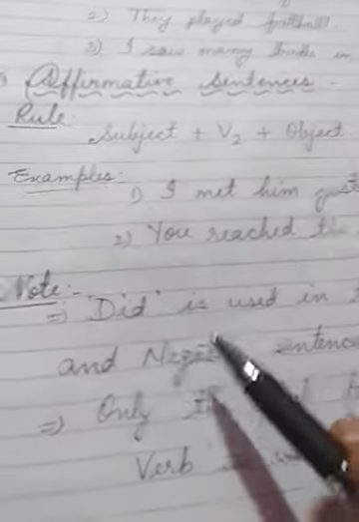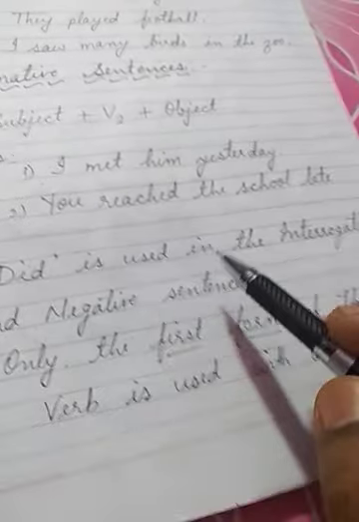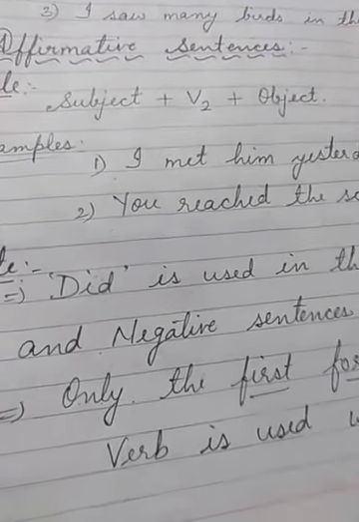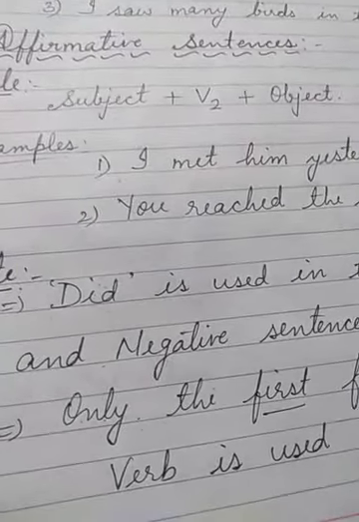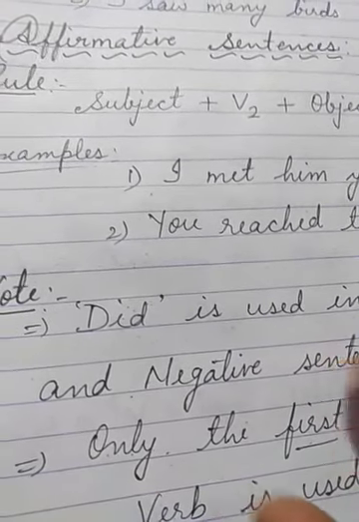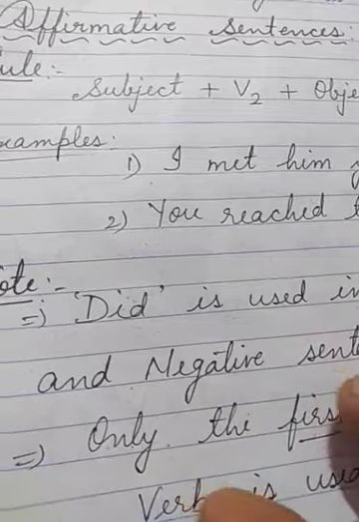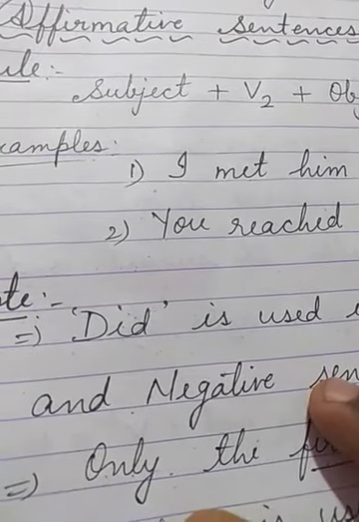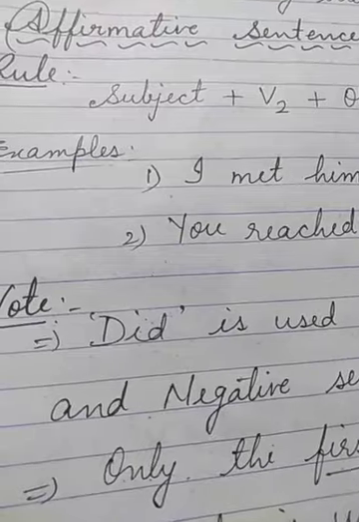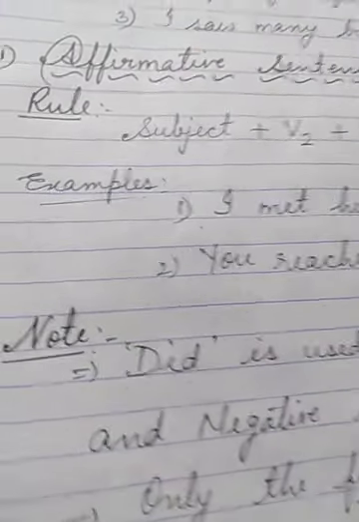Note, did is used in interrogative and negative sentences. Here did is the helping verb, and whether your subject is singular or plural, we always use did in the simple past tense for interrogative and negative sentences.